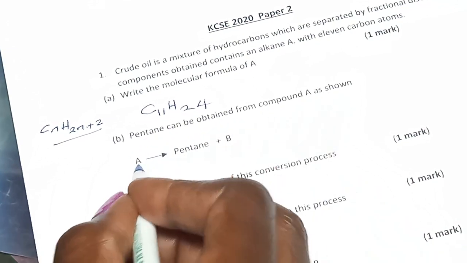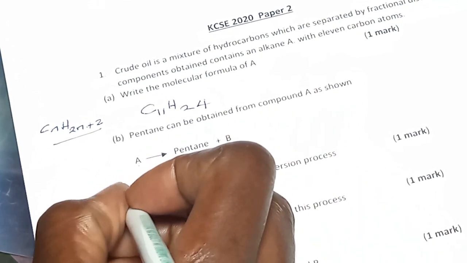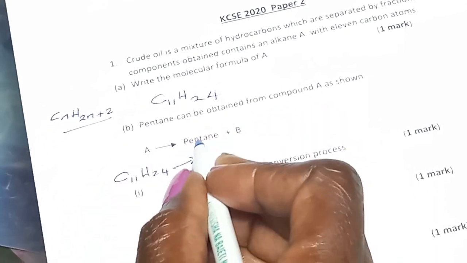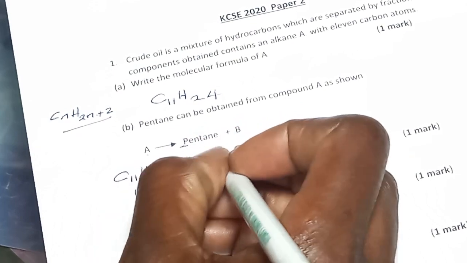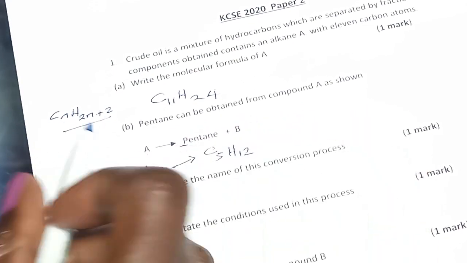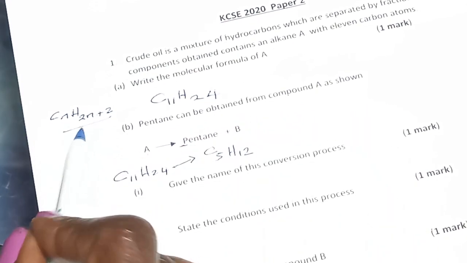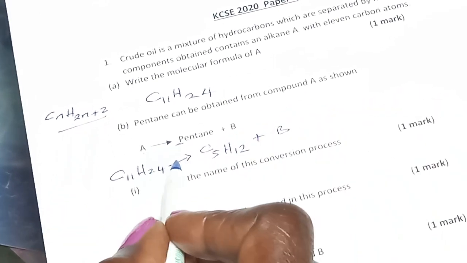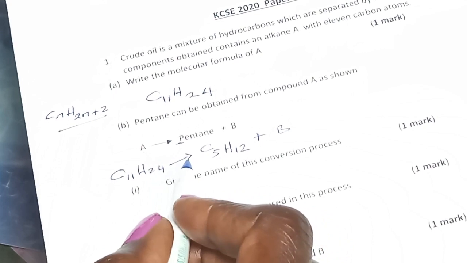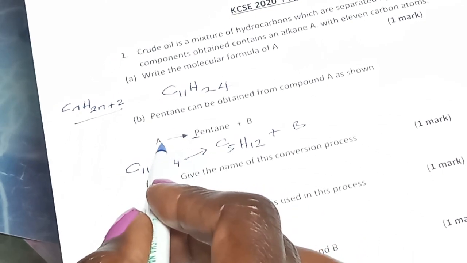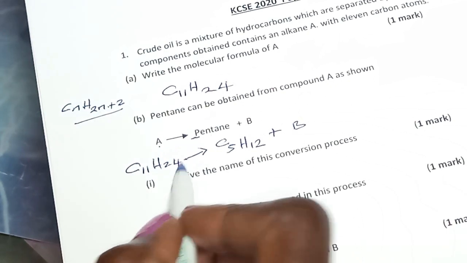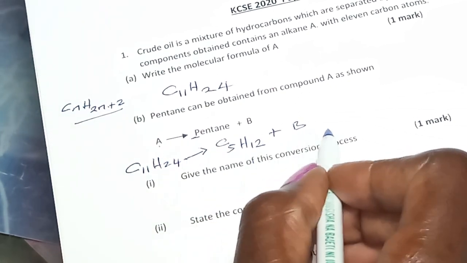So we have compound A, C11H24, which undergoes a reaction to form pentane. Pentane is 5 carbons, so C5H12 because it's an alkane, the same homologous series, plus B. Now, alkanes usually undergo very few reactions. One of the reactions is cracking, a process where you break a long chain alkane into a shorter chain alkane plus an alkene.